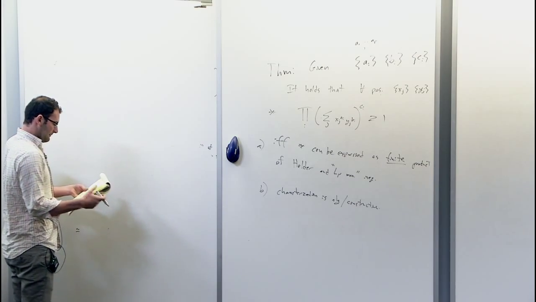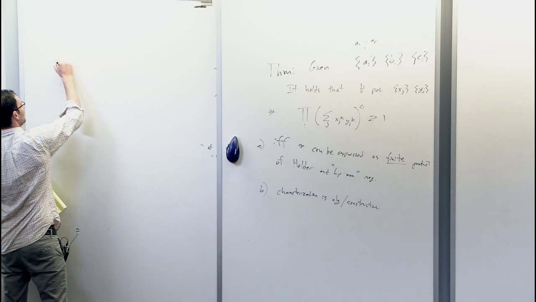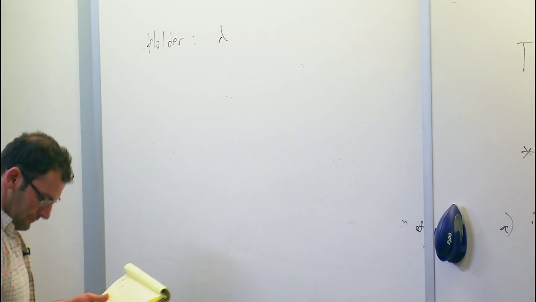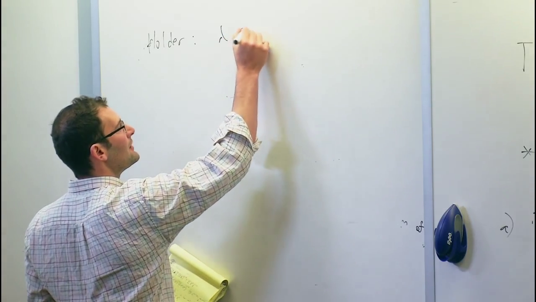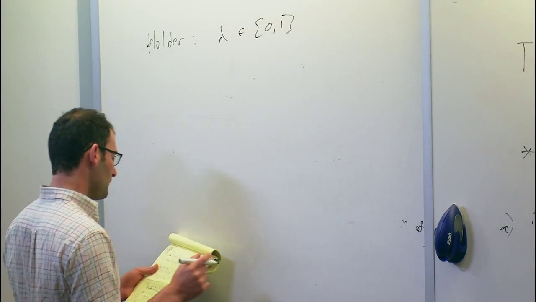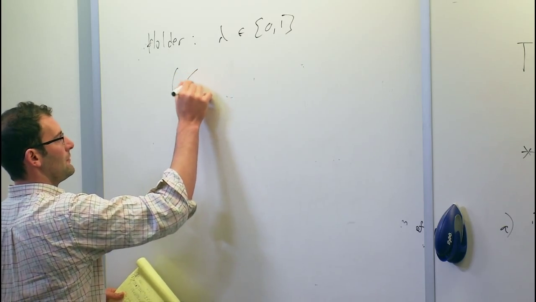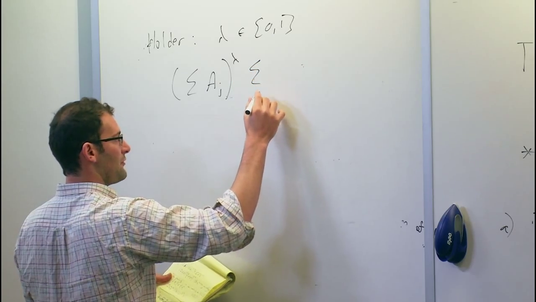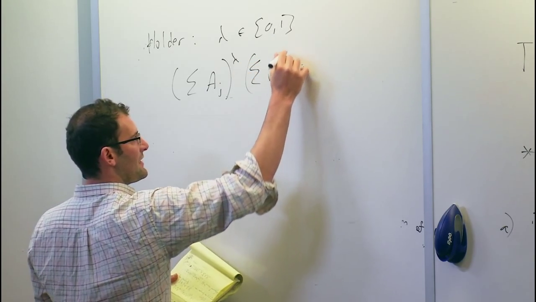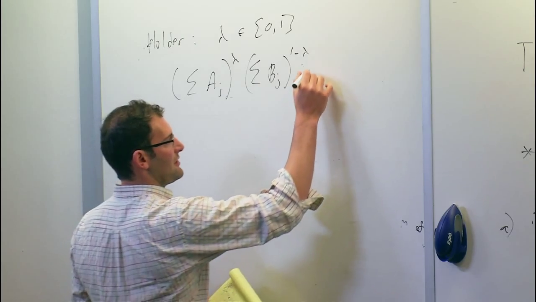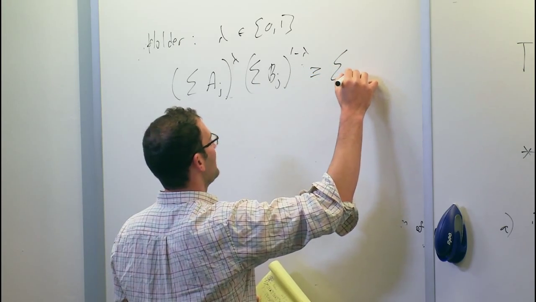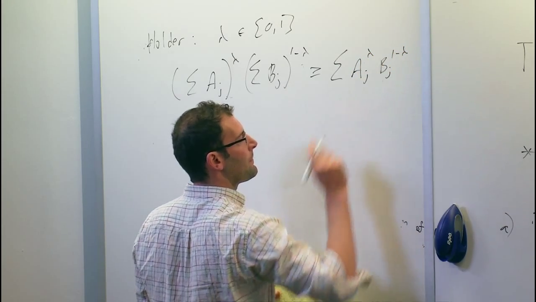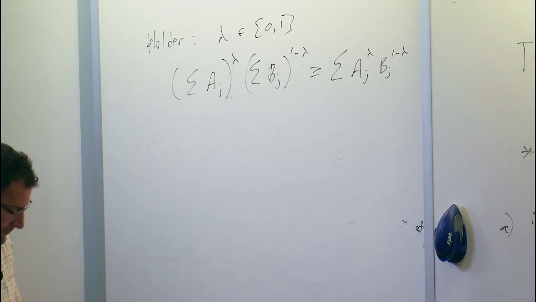The usual Holder inequality says if you have some lambda in (0, 1), then the sum over j of a_j to the lambda, times the sum over j of b_j to the 1 minus lambda, is greater than or equal to the sum of a_j to the lambda b_j to the 1 minus lambda. Okay. So these a's and b's are positive.